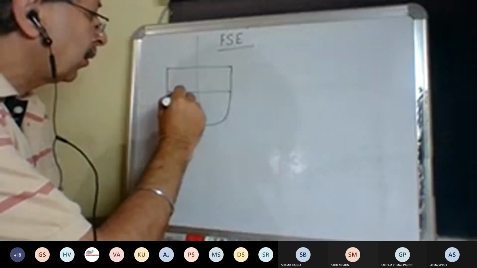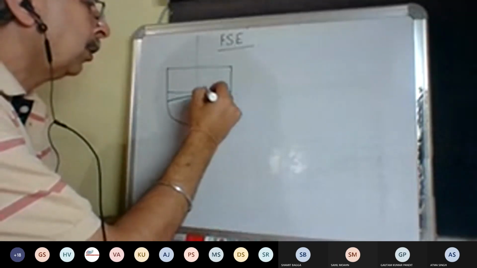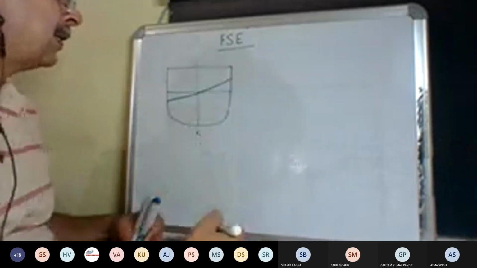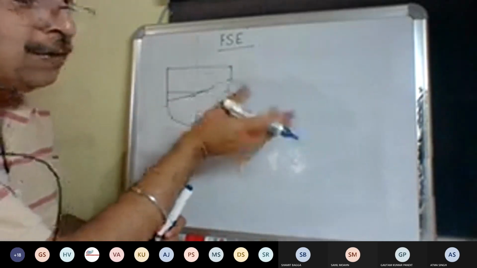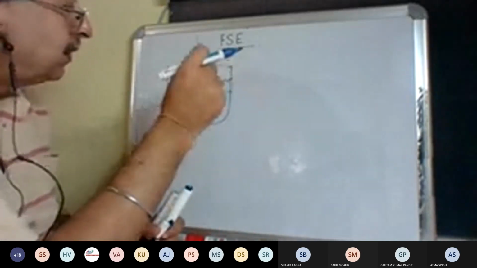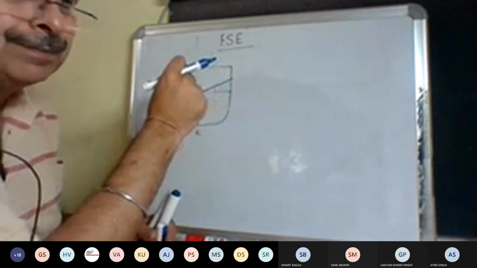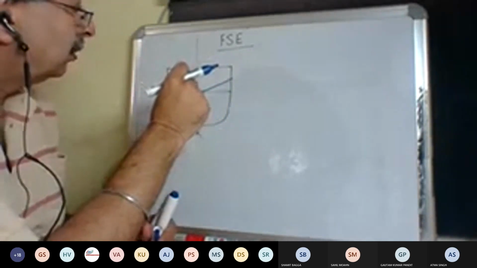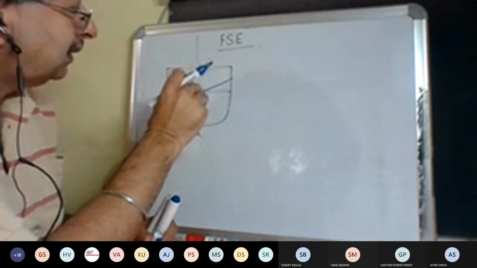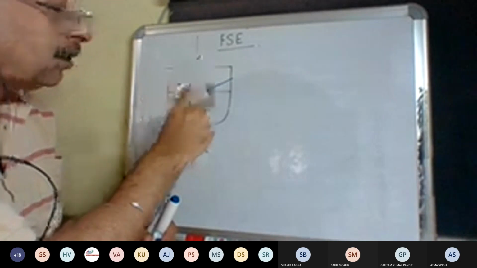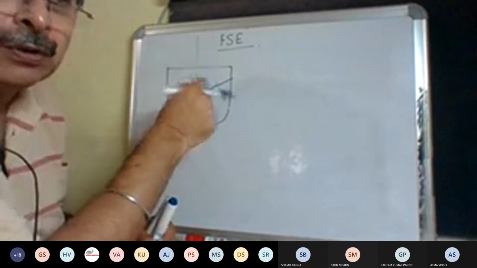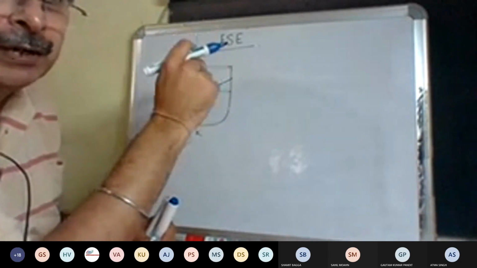this liquid will go like this. It will increase on the starboard side and decrease on the port side. As a result, what is going to be the effect of this on the stability of a ship is what we are trying to discuss.